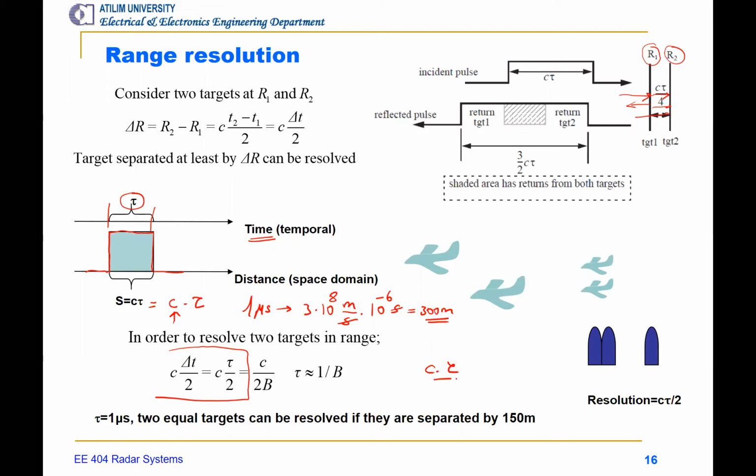C tau over 2 is the range resolution. Mostly, tau is 1 over B, the bandwidth. Then we can also write range resolution in terms of bandwidth, c over 2B.